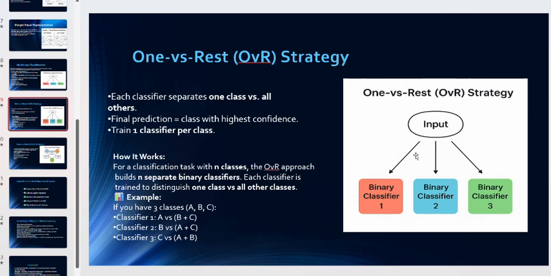In this, we predict the final result based on which classifier is most confident. In this diagram, we have three classes: binary classifier one, binary classifier two, and binary classifier three.